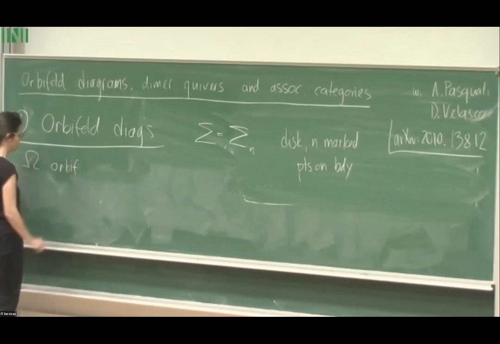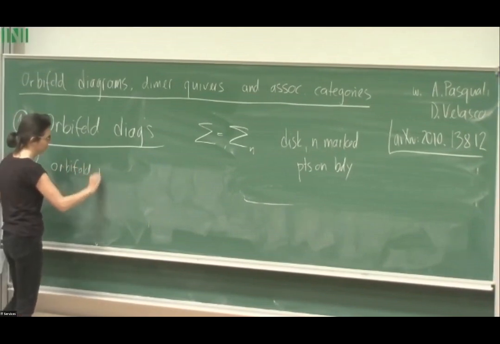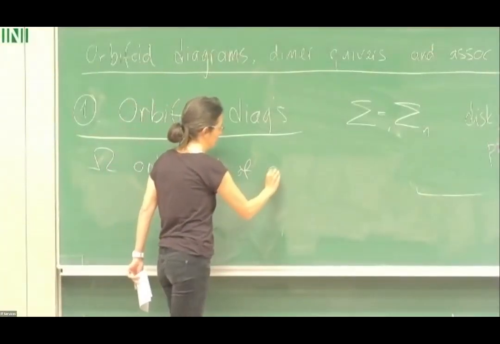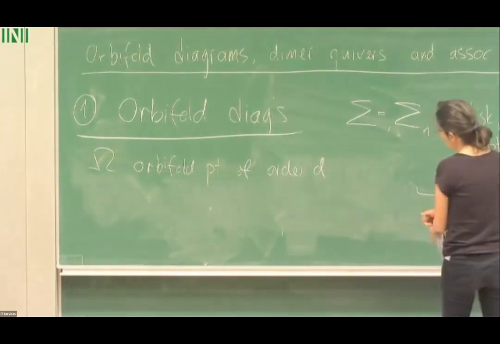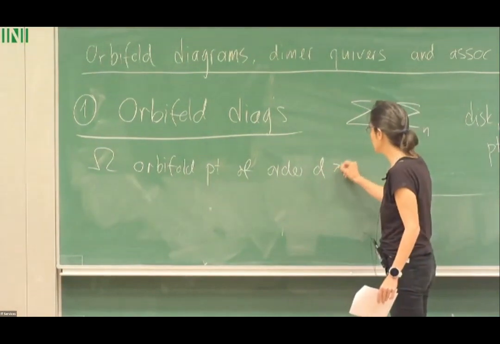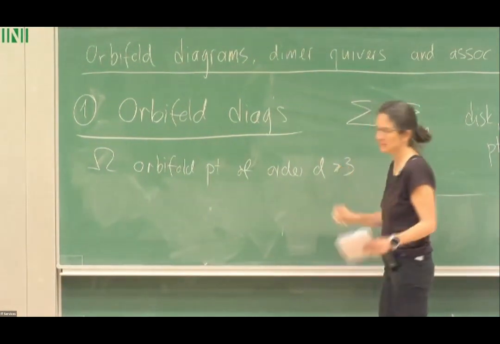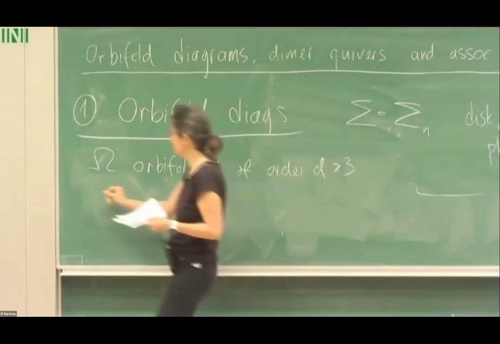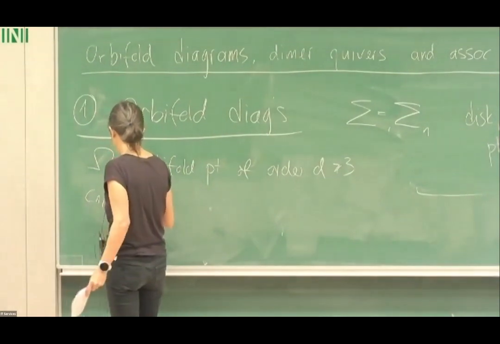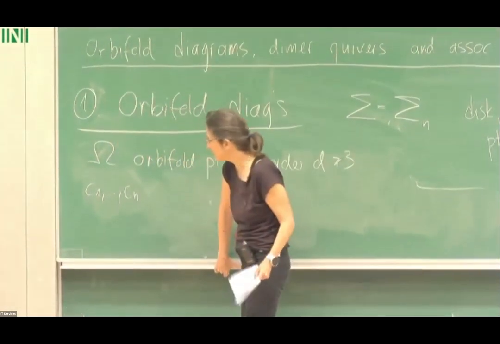I call that Omega, an orbifold point of order d larger than 1. I might just assume it's at least 3 for some technical details. And I want to have a collection of curves linking these n marked points, and I call them strands, as Postnikov did.